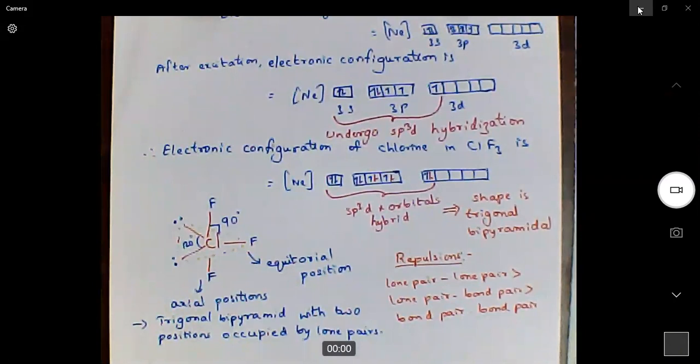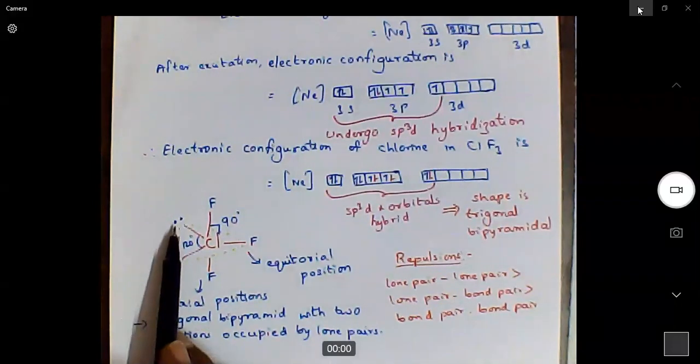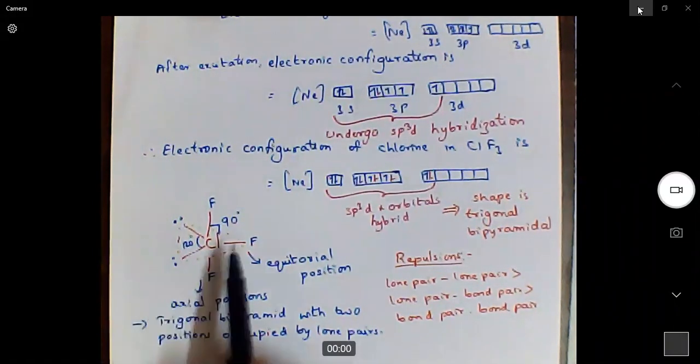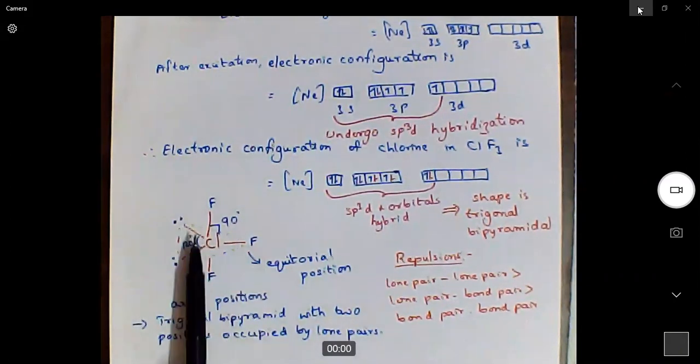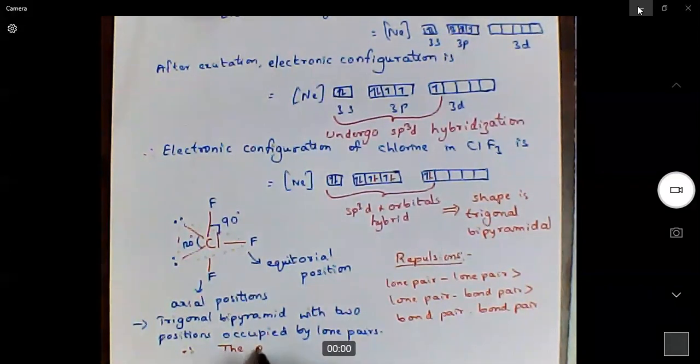We just omit lone pairs to discuss the shape of the molecule. So when we don't consider these two lone pairs, now the shape of the ClF3 molecule looks like a T shape. So the overall shape is T shape, and bond angle.